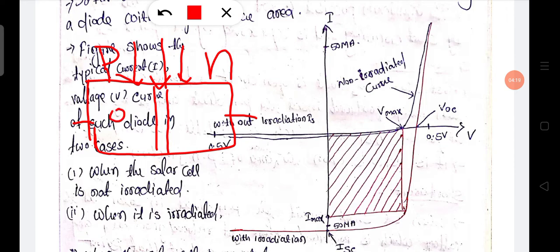Hole and electron pairs are created here also.